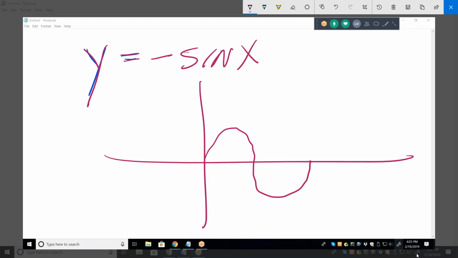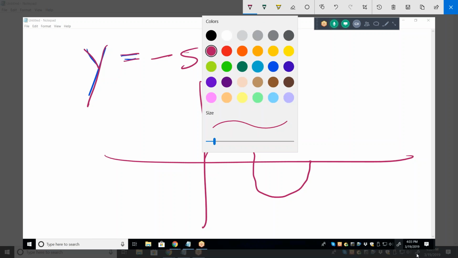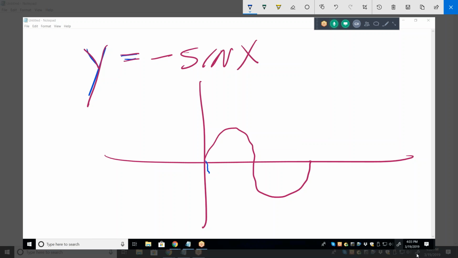It reflects it over the x-axis. And I call that a vertical reflection, which matches my system. In other words, anything outside the function is vertical, anything inside the function is horizontal. So this is a vertical reflection. So it's going to look like this.